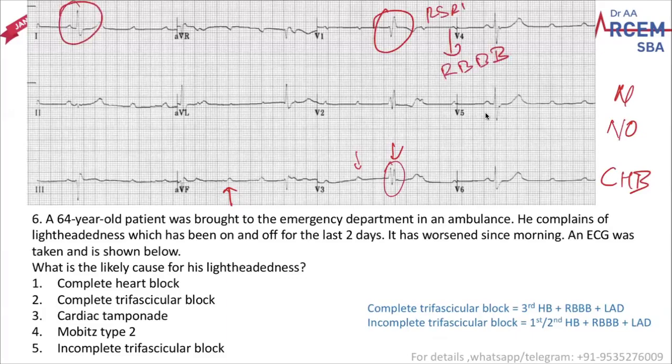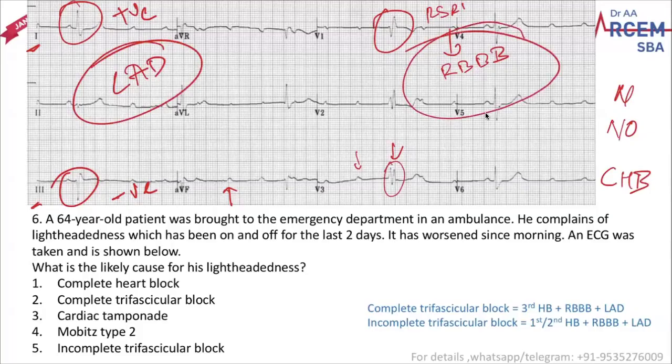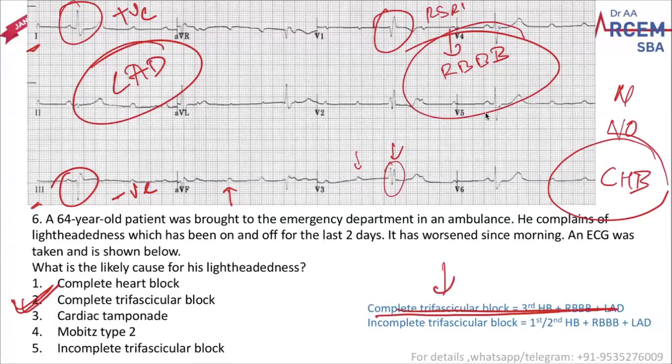In lead 1 and lead 3, lead 1 is positive and lead 3 is negative. They are looking opposite to each other, like a divorced couple. This is suggestive of a left axis deviation. A left axis deviation plus an RBBB plus a complete heart block is suggestive of a complete trifascicular block. So this is a complete trifascicular block the patient is having.